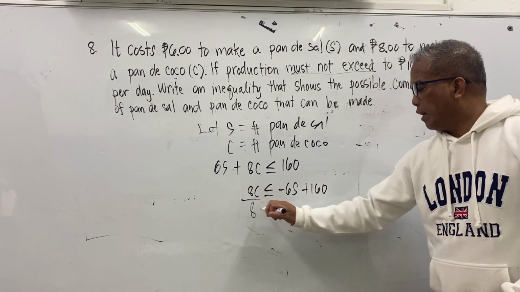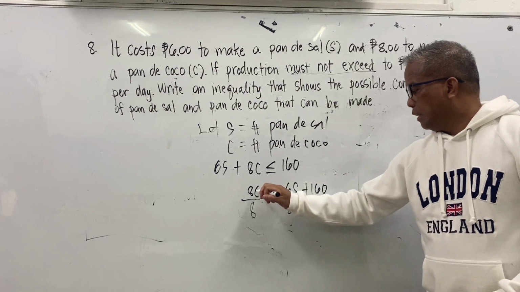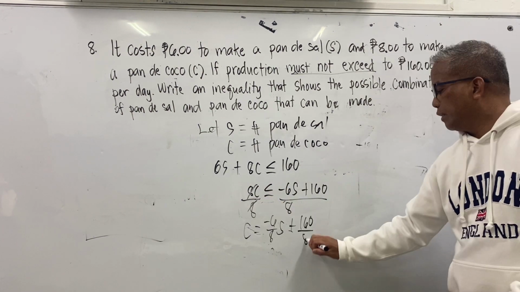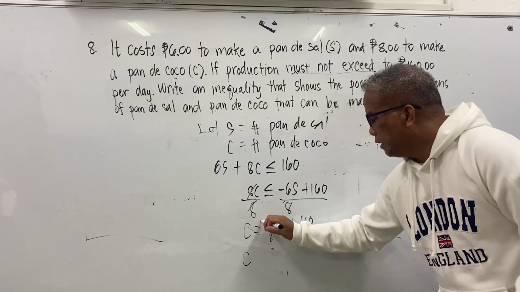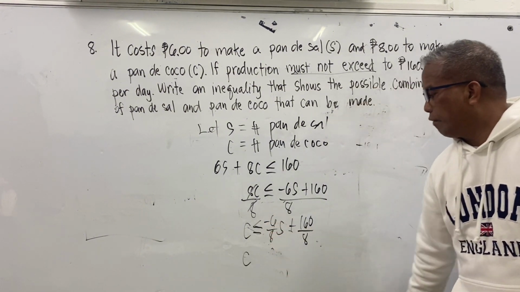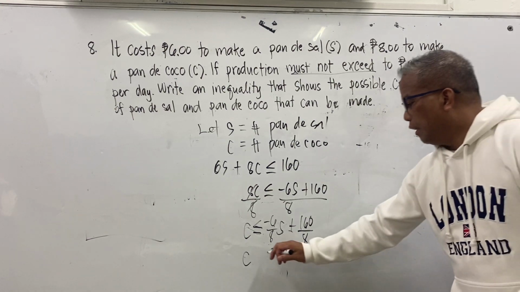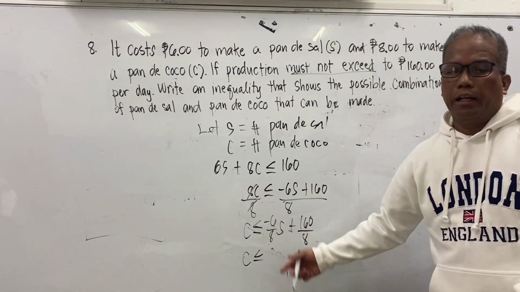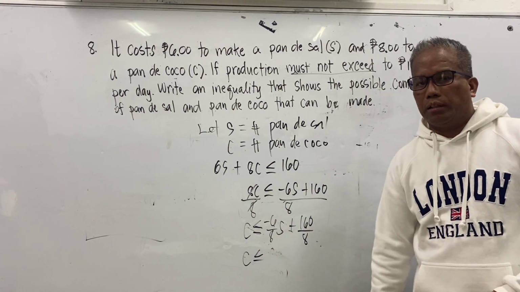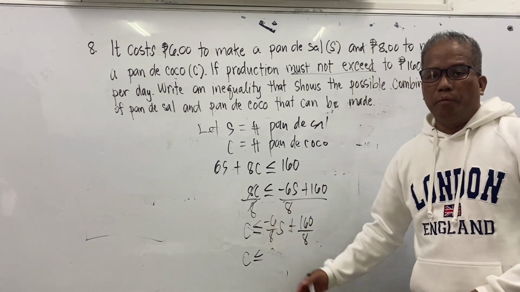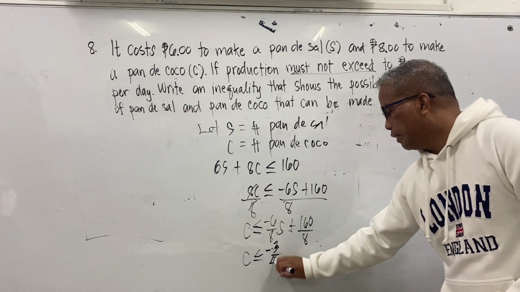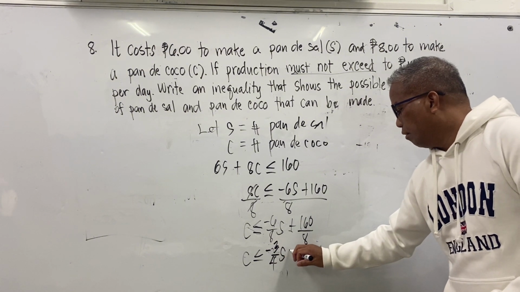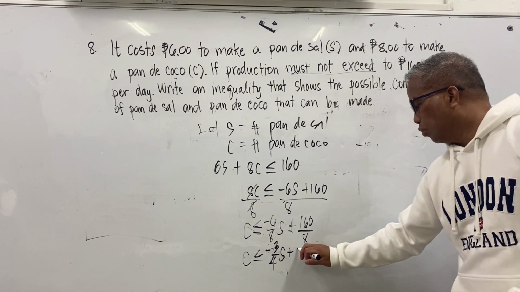Dividing both sides by 8, cancel 8, then simplifying, C is less than or equal to, in the lowest terms, negative 6 over 8, dividing the numerator and the denominator by 2, negative 3 over 4 S plus 20.